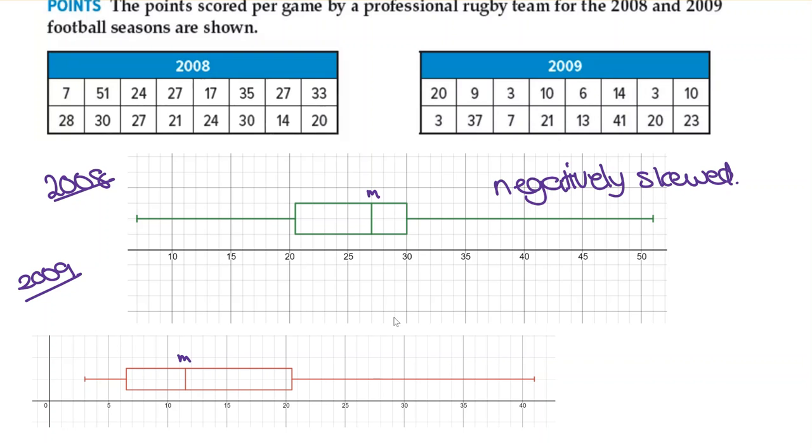And then the 2009, because it's actually positive, it's longer here. So this is positively skewed.